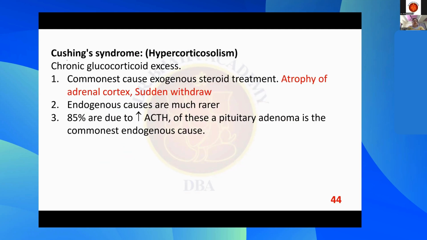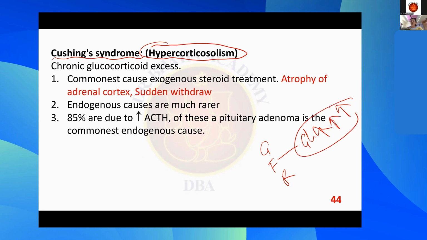Now coming to Cushing's syndrome. Cushing's syndrome is a condition of hypercortisolism. F is giving you glucocorticoid, and increased glucocorticoid production, that is hypercortisolism, is a condition we call Cushing's syndrome.